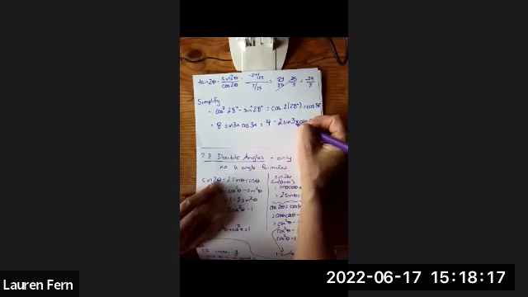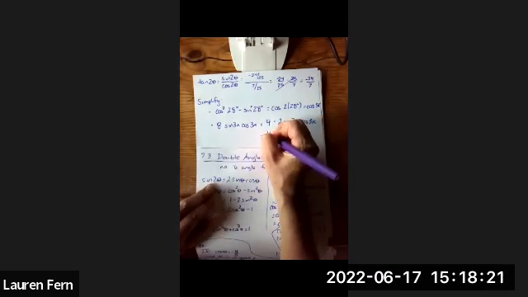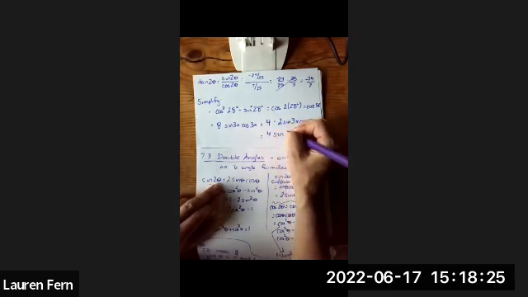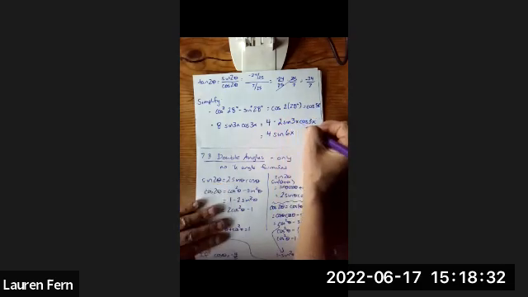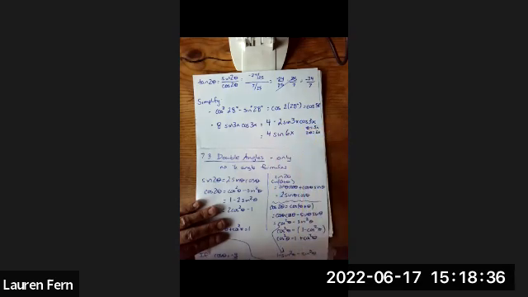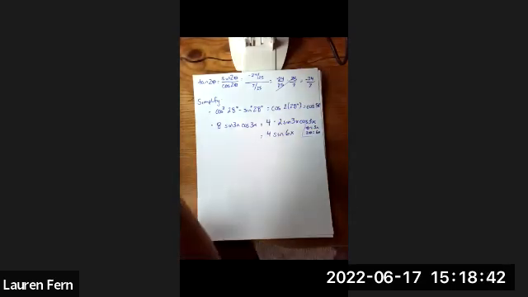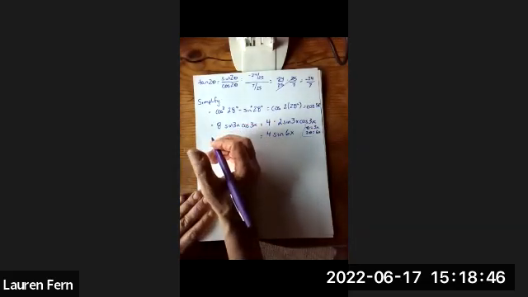Okay, so notice theta is 3x. Therefore, we've got this 4 coming down, but now that's just going to be sine of 6x. Okay, right? Because if theta is equal to 3x, then 2 theta is 6x. Pretty cool.